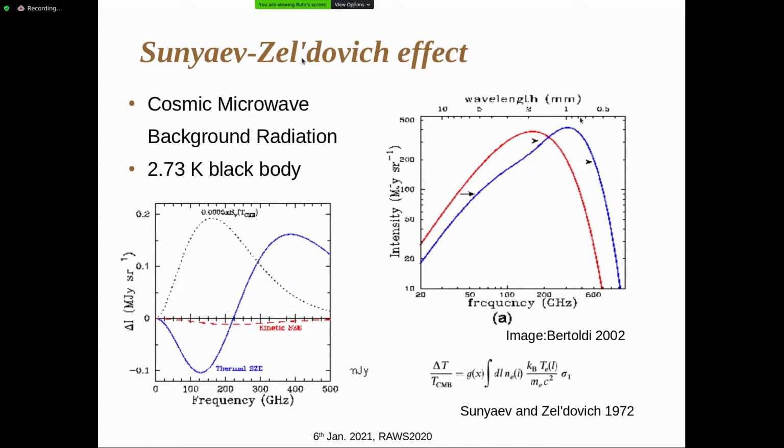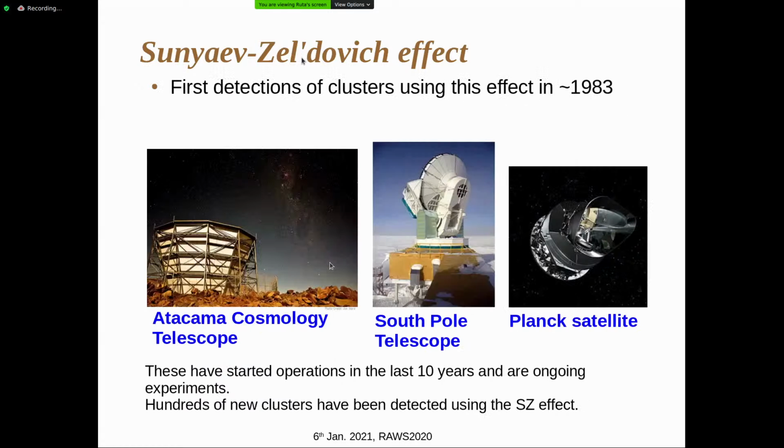If you take the difference and plot just the difference, you will find that in the low frequency range you have a decrement, and in the high frequency range you have an increment. And this property is proportional to the total gas pressure in the intracluster medium. So it's a very sensitive probe of the intracluster medium pressure.